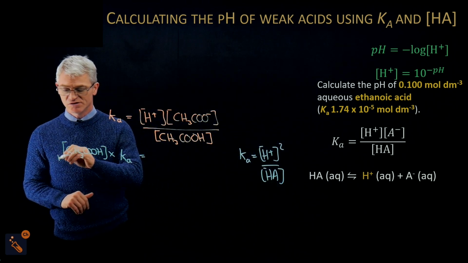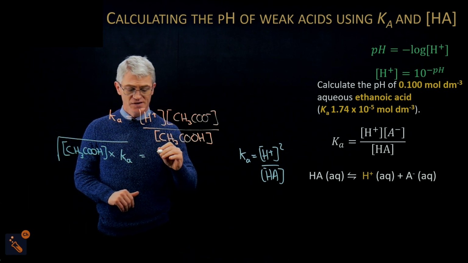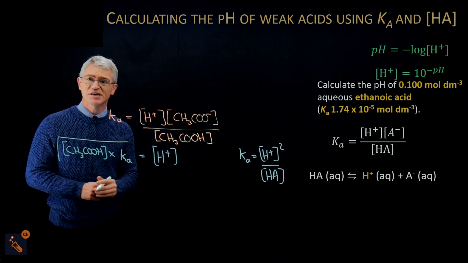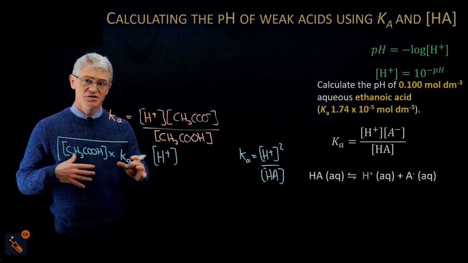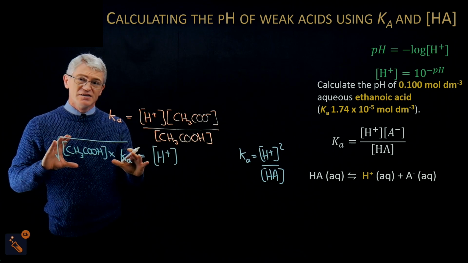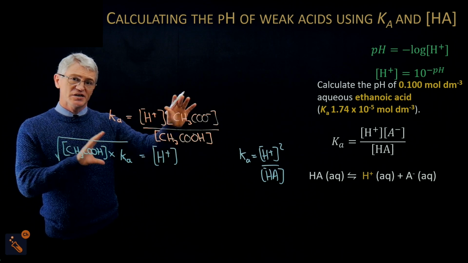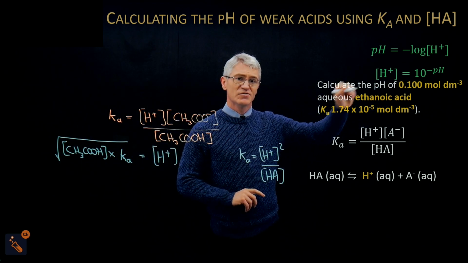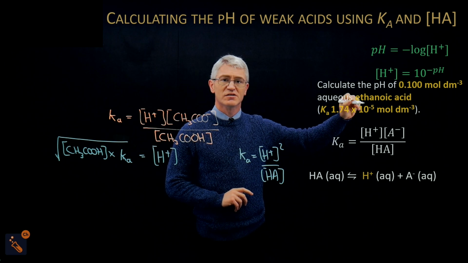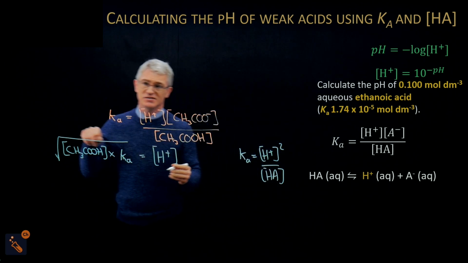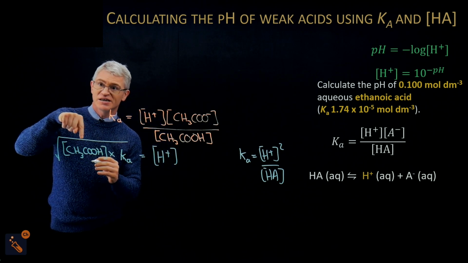So we square root here, and that will equal our H plus. If you get used to doing that, and let's make that square root a bit more obvious, then actually it's not too difficult a question. So if we put that in, and we know that the concentration of the ethanoic acid was 0.1, HA at the start is the same at equilibrium. So this number right here is our HA.